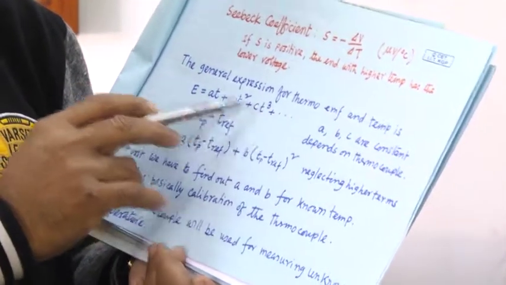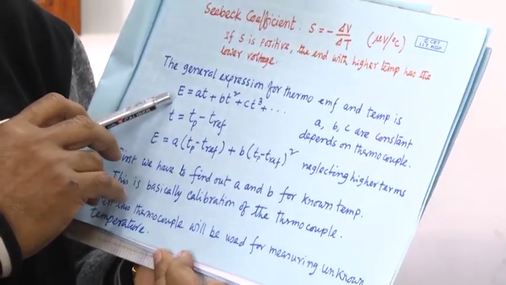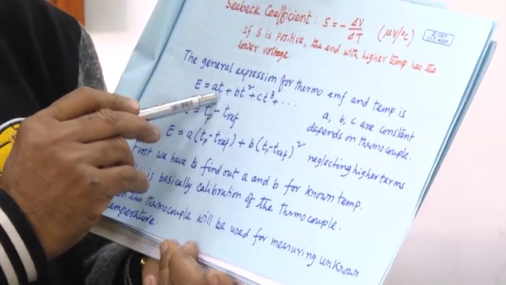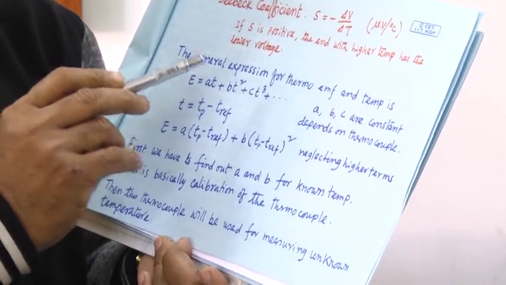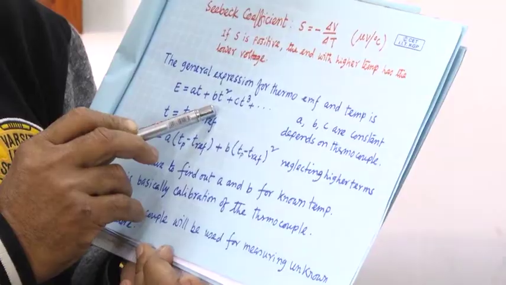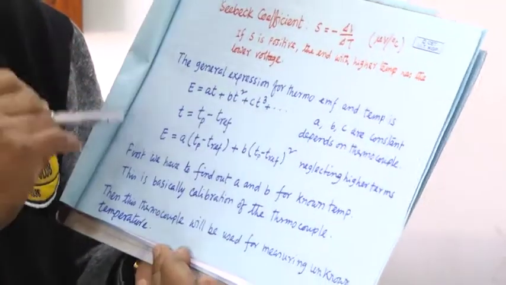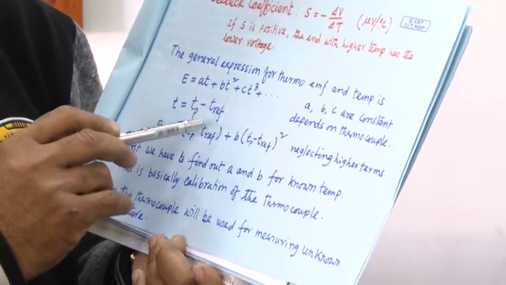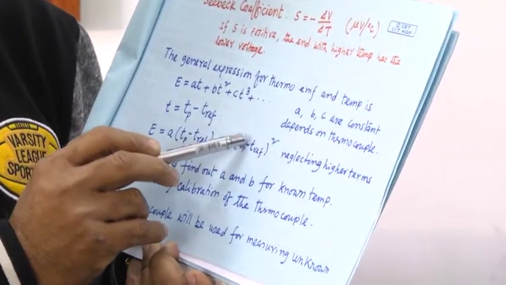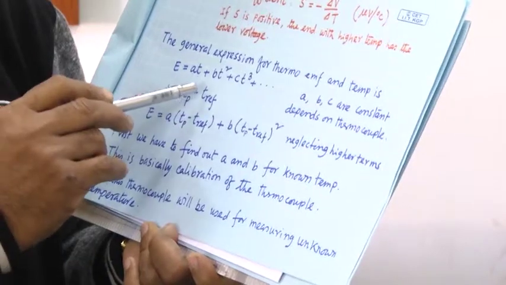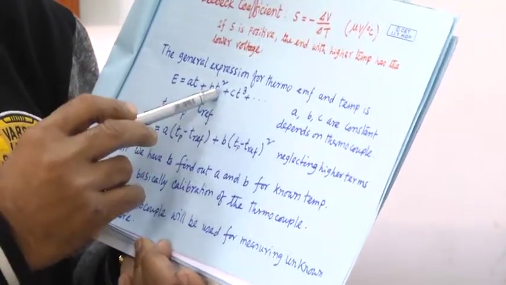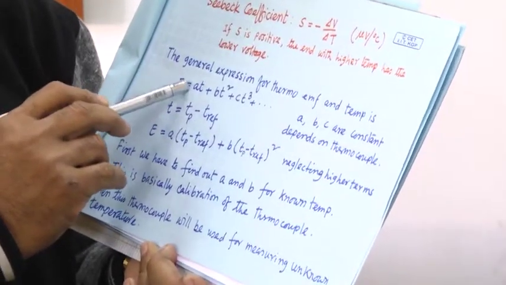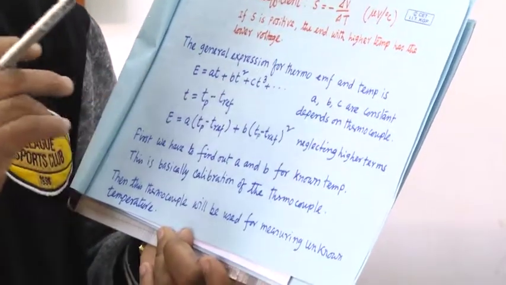At these two temperatures you will get two EMFs. So, E1 equals A T1 plus B T1 squared. Another equation you will get, E2 equals A T2 plus B T2 squared. Now, two unknowns and two equations, if you solve it then you will get the values of A and B.